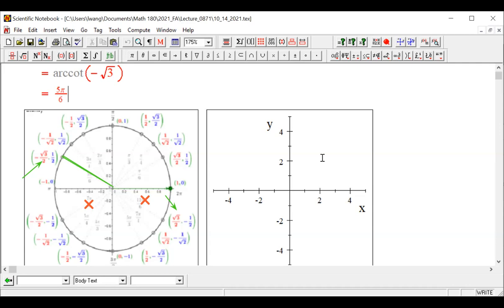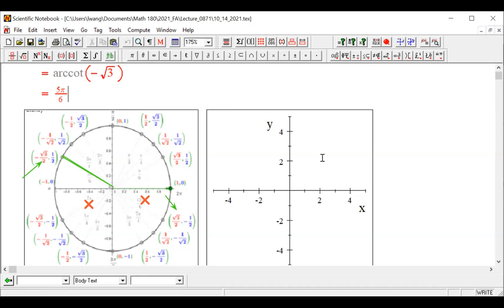For ArcCosine, the range is between 0 and pi, inclusive, including 0 and including pi. Can you follow me? Otherwise, everything else is similar.